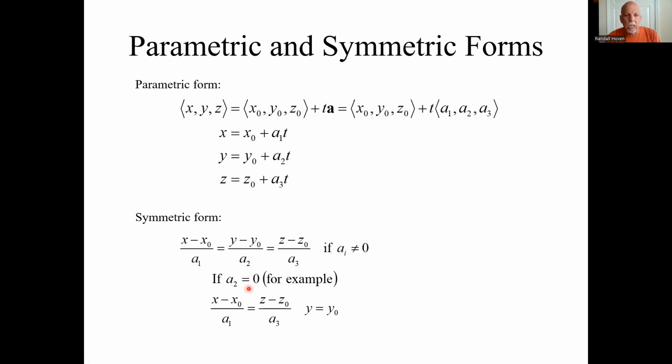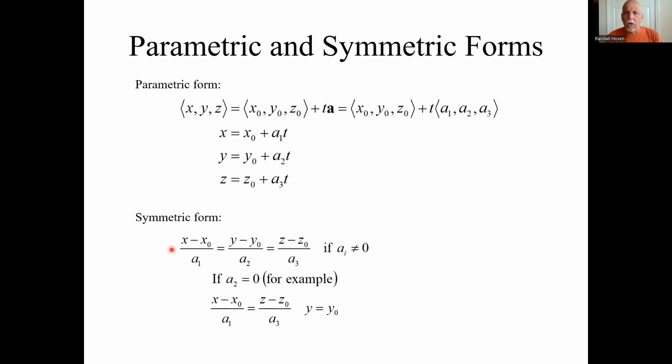If any one of the A's is 0, I would write it this way. I would say A2 is 0. I would say the same for the other 2, the X part and the Z part. But because A2 is 0, I would just say Y equals Y0.